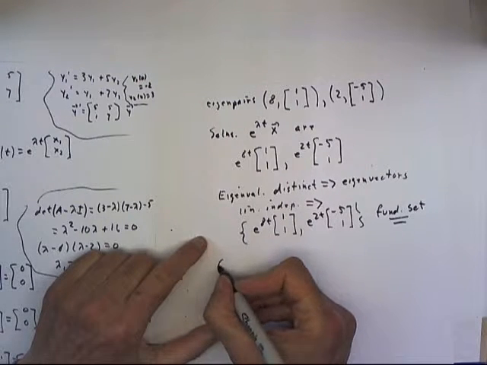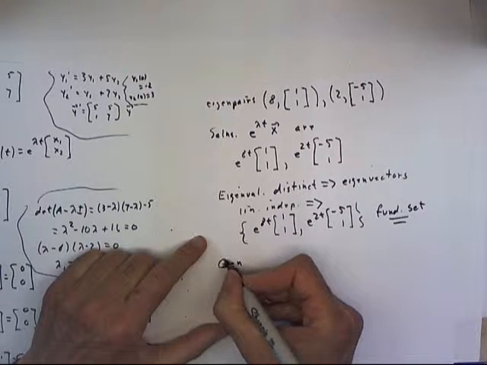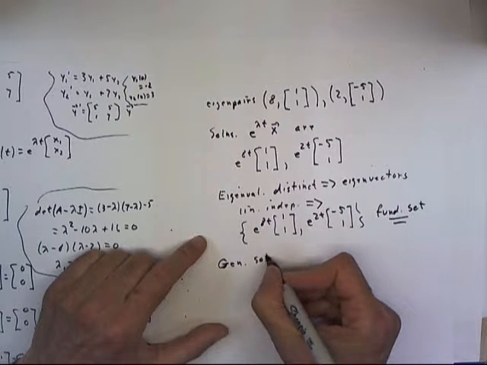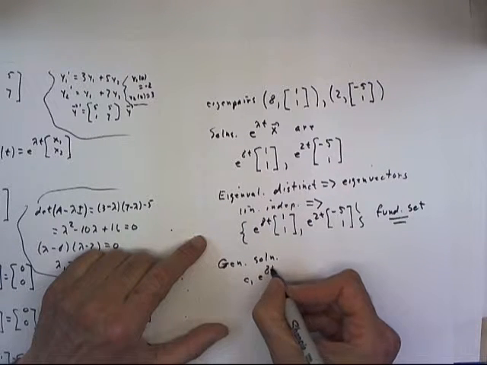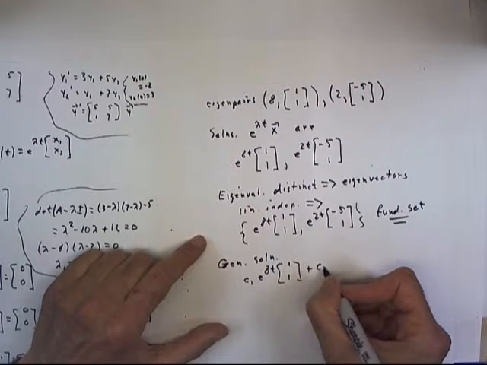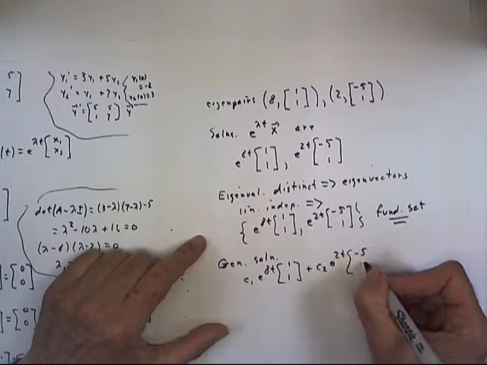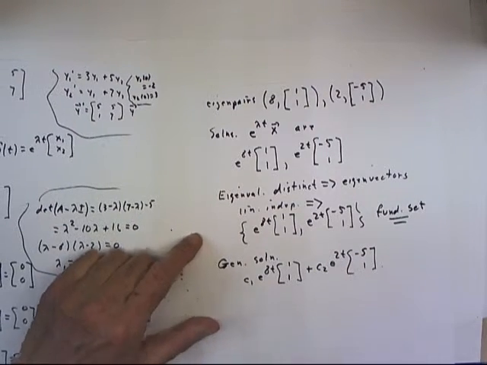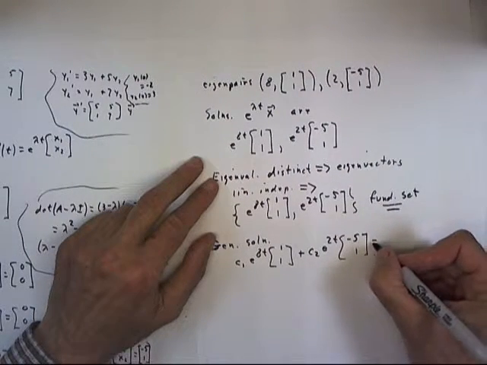The general solution, bad looking G there, but we'll have to live with it. General solution is C1 e to the 8t times 1, 1 plus C2 e to the 2t multiplied by negative 5, 1. And of course we could write that as a single vector if we want.